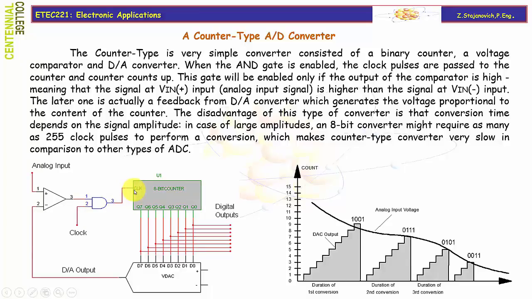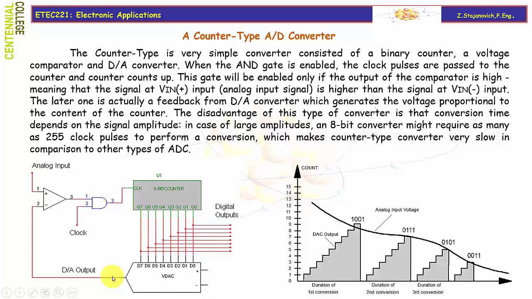This gate will be enabled only if the output of the comparator is high, meaning that the signal at non-inverting input, that's the analog input signal, is higher than the signal at the inverting, which is the digital to analog converter output. The latter one is actually a feedback from digital to analog converter, which generates the voltage proportional to the content of the counter.